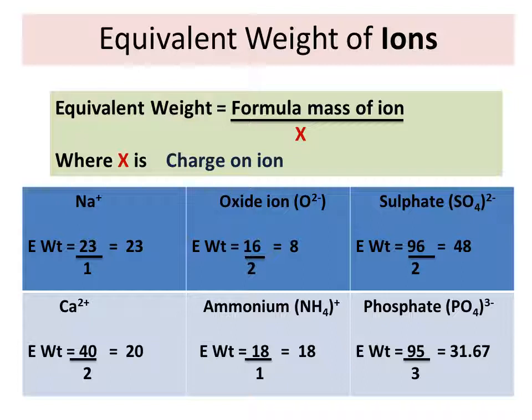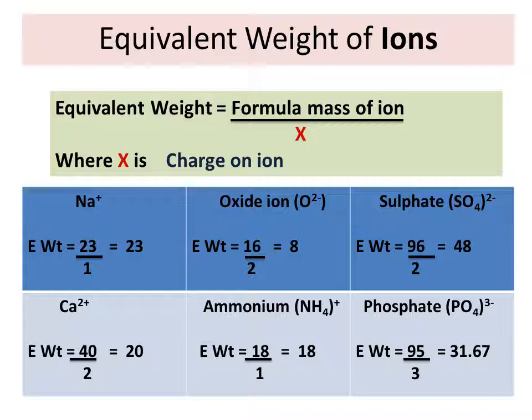So let us apply to ammonium. Again the ammonium ion, its formula is NH4. So 4 plus 14, that comes out to be 18. Charge present on the ammonium ion is 1. So 18 divided by 1, that is equal to 18. So equivalent weight of ammonium ion is 18. Phosphate ion.